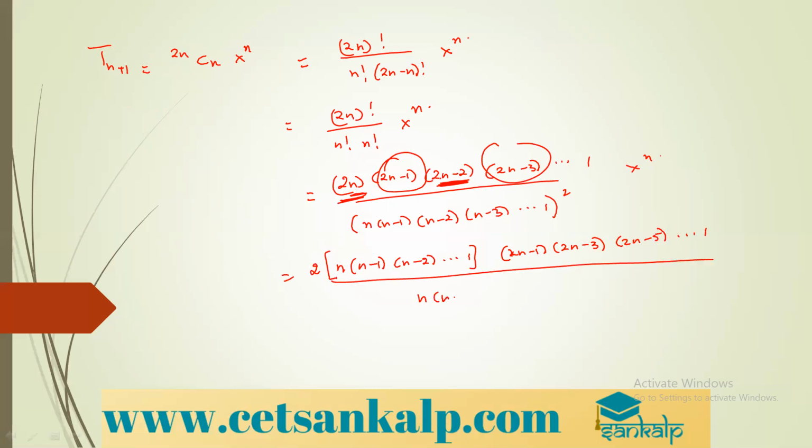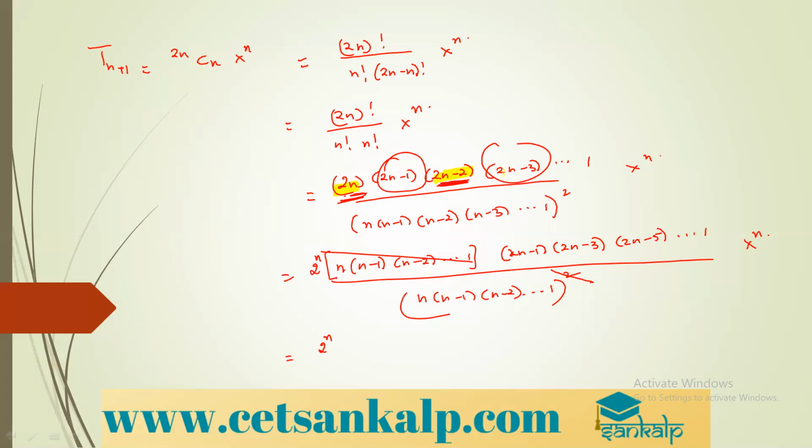Down I have n into n minus 1 into n minus 2 up to 1 whole square and then x power n. So I can cancel one of these. And because I am taking 2 common from each term, I will have 2 power n. I am not taking 2 common from every term, only from alternate terms. I'm taking 2 common here, I'm taking 2 common here.